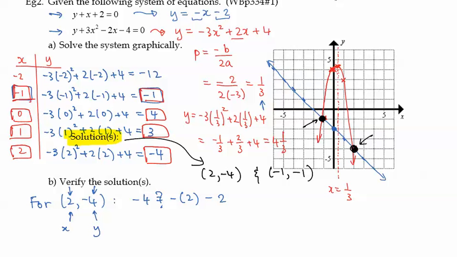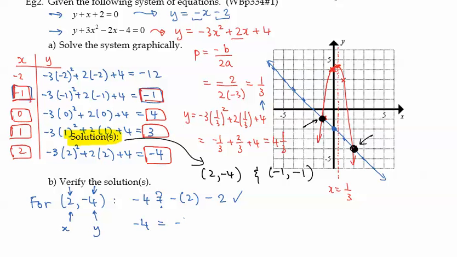When y equals negative x minus 2, I will substitute positive 2 for x and negative 4 for y. And if the left side and the right side are the same, that means it works for one equation. I will try it again with the second equation.